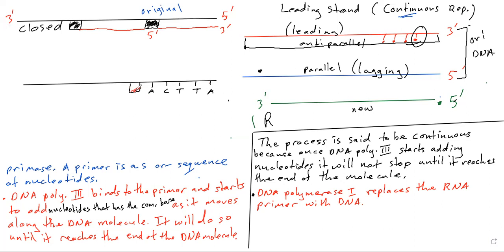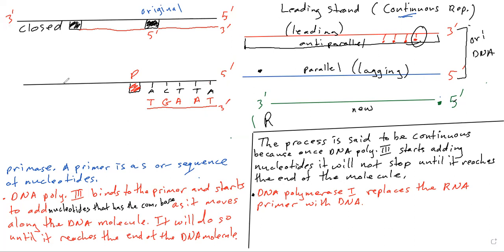So DNA, again, this is the primer. DNA polymerase will come, will add T, will add G, will add A, and T. And so this portion of the DNA has been replicated.